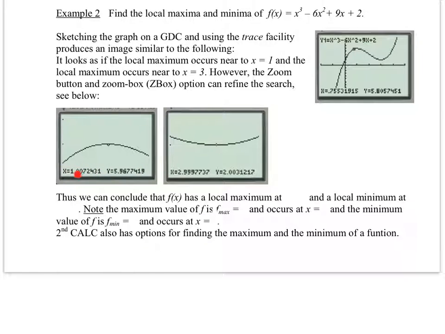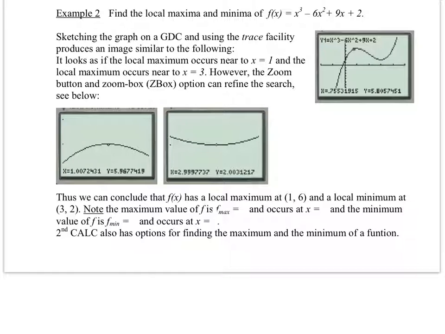You can probably guess that the maximum there is the point 1, 6, and the minimum here is the point 3, 2. So we can fill in the gaps in your worksheet using that. The local maximum occurs at 1, 6, and the local minimum occurs at 3, 2.